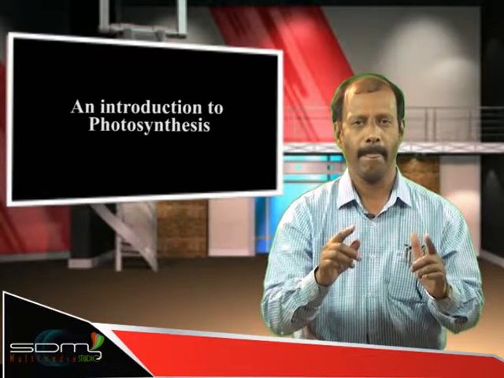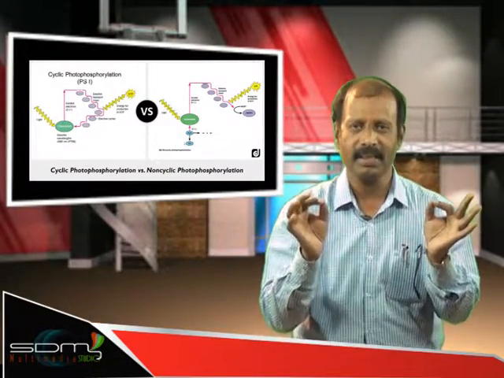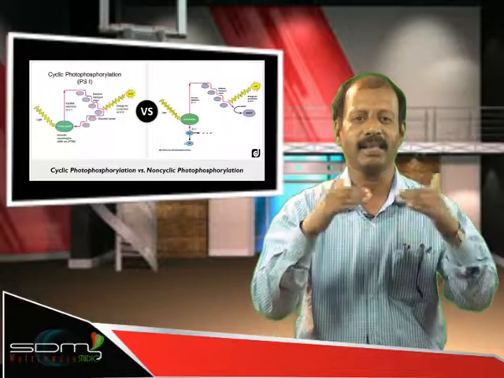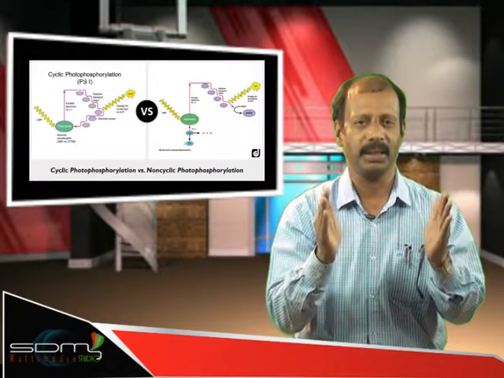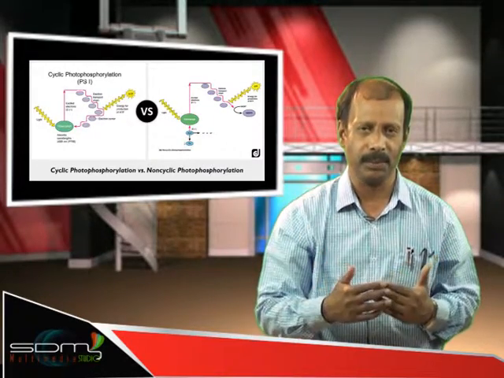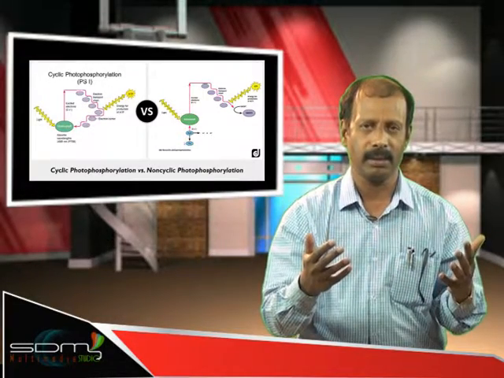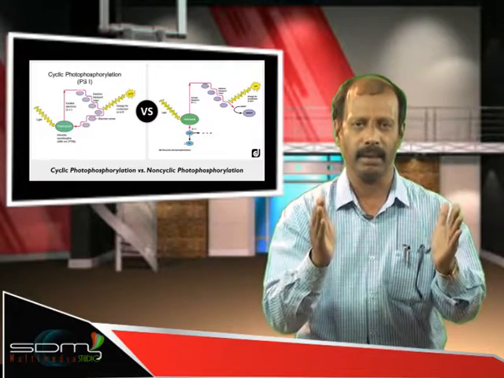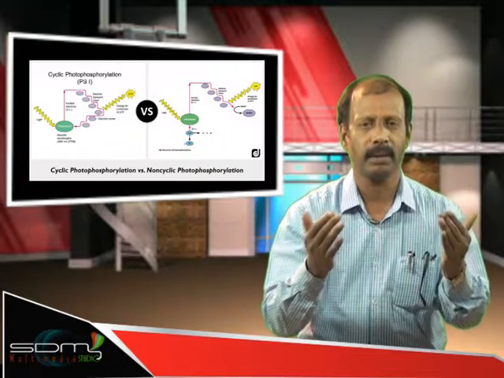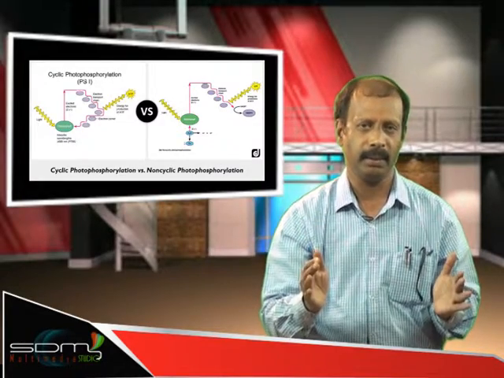During non-cyclic electron transport, the electrons released from photosystem 1 are not cycled back, whereas during cyclic electron transport, they are cycled back. During the transport of the electrons, at one particular site, due to the difference in energy, there is scope for the formation of ATP, that is adenosine triphosphate.